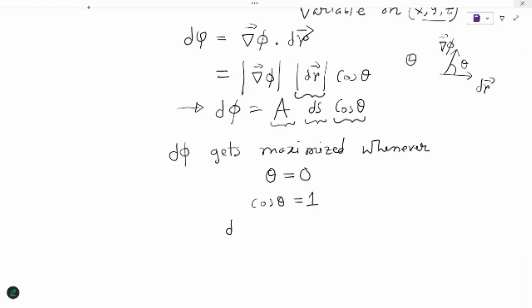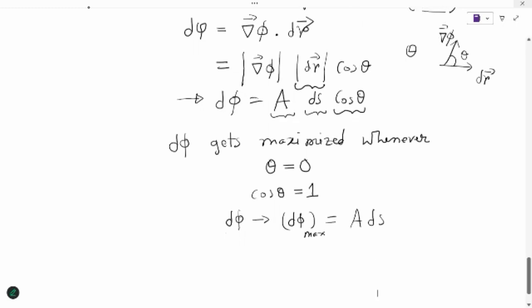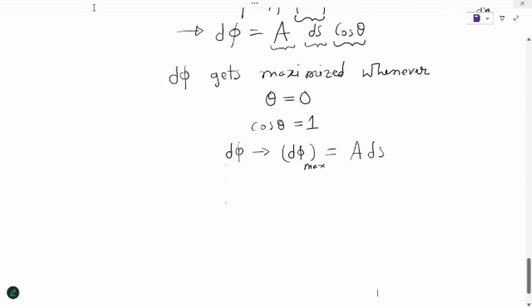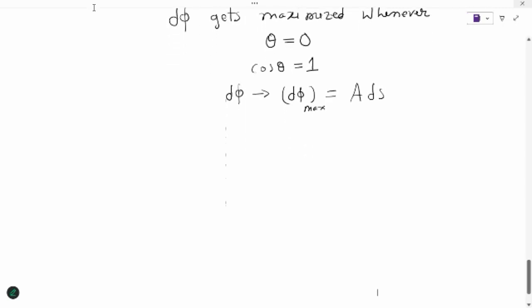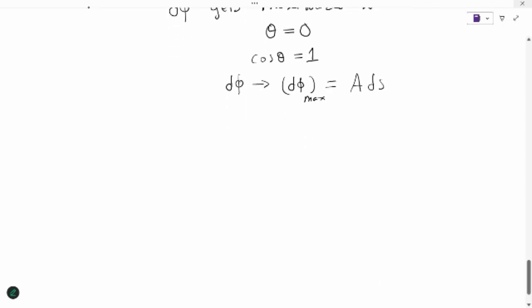Then d phi becomes d phi maximum, that is a ds.